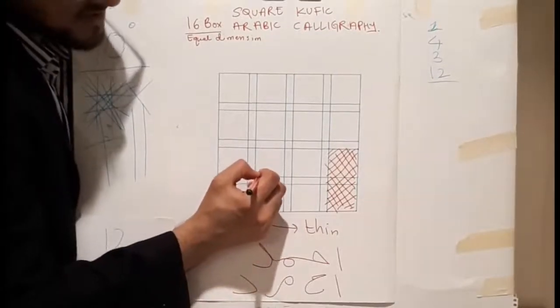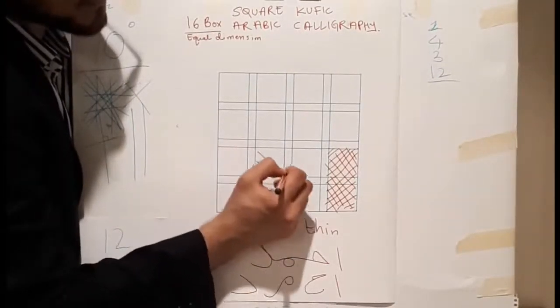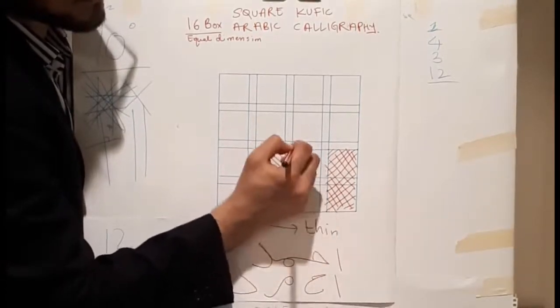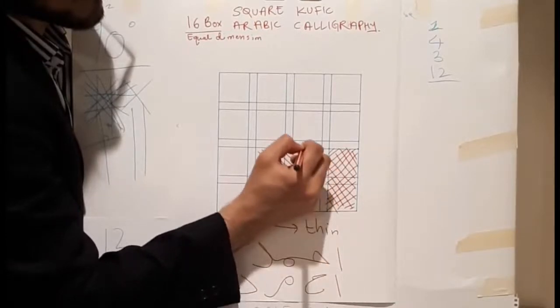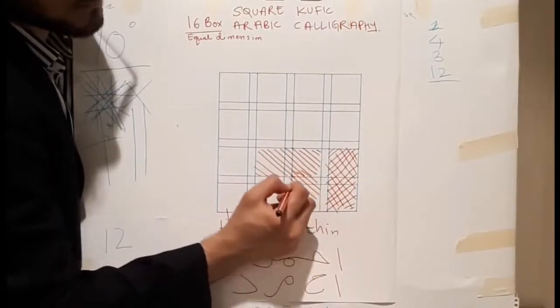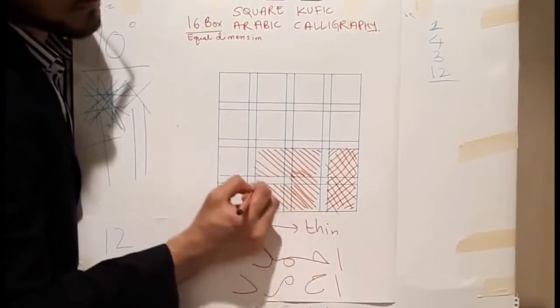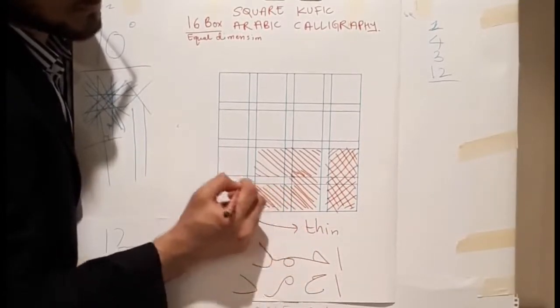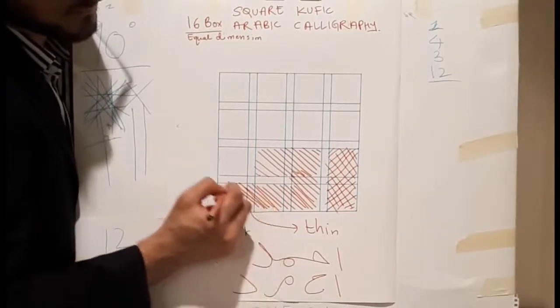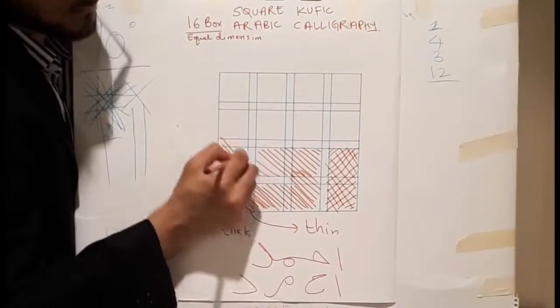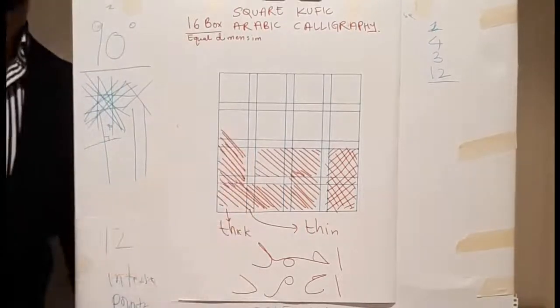So your ha starts from this particular region. And this is your ah.